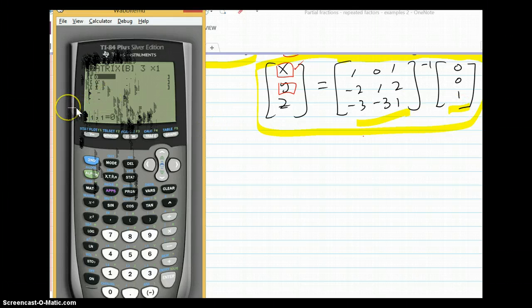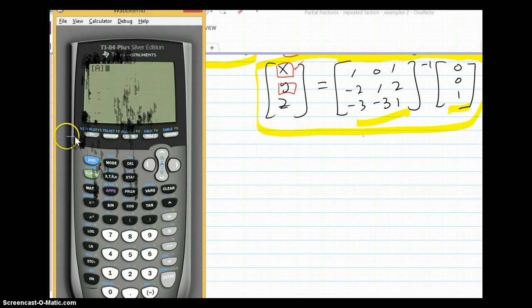Then we're almost done. Just go to the home screen, second quit, and you want to go to second matrix to put in the A matrix, which is number 1. But we don't want the A matrix, we want the inverse of the A matrix, because that's the way the theory worked out.